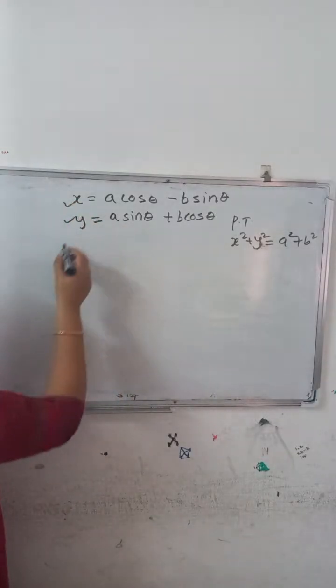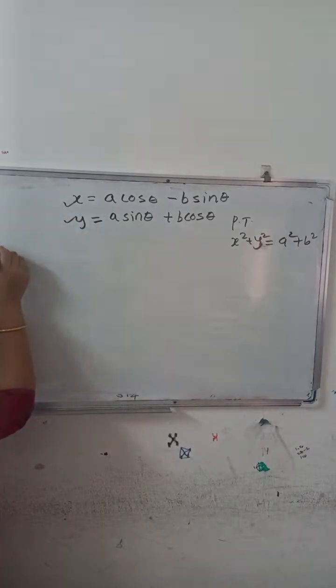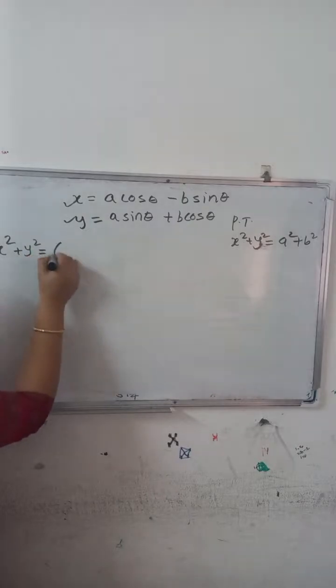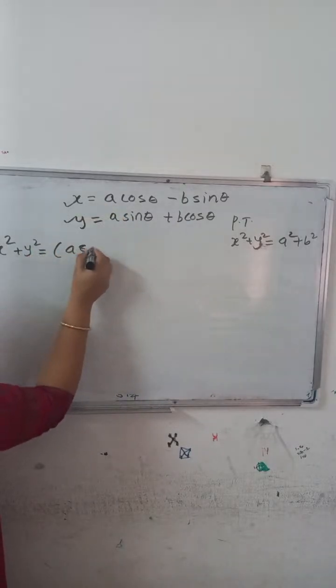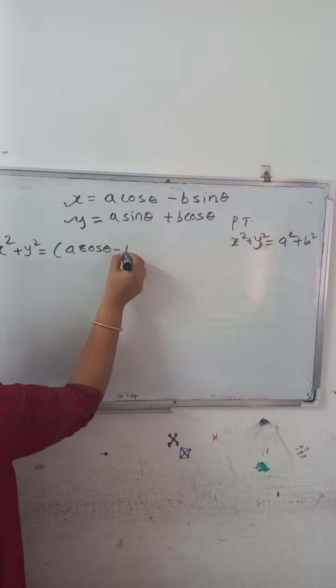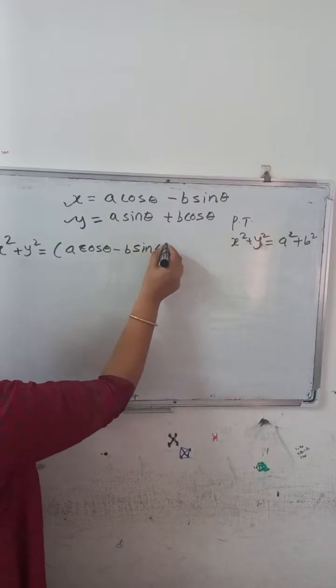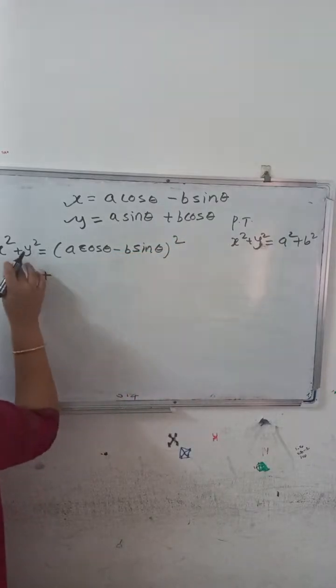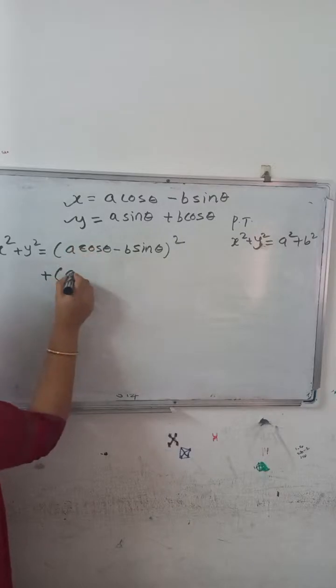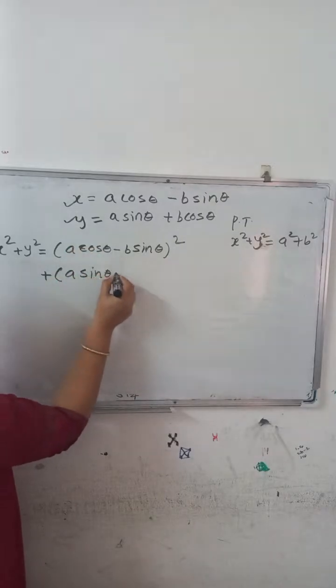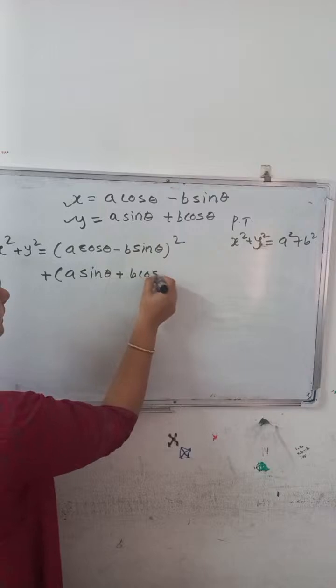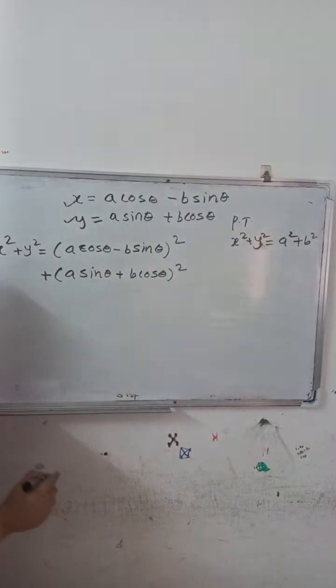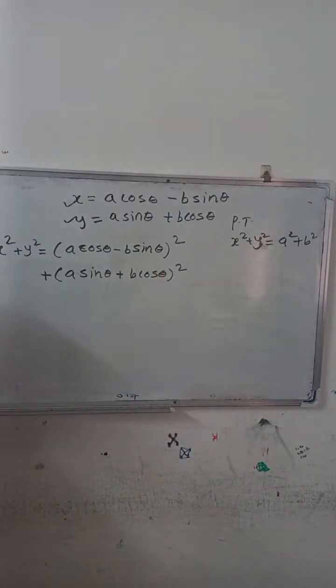So at least we know the x and y. So I will write here x square plus y square. That means I am squaring a cos theta minus b sin theta whole bracket square, plus y, which is a sin theta plus b cos theta whole bracket square. Now use the identity here. Everyone knows the identity.